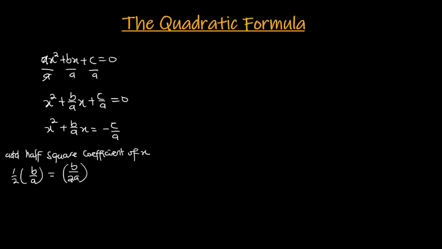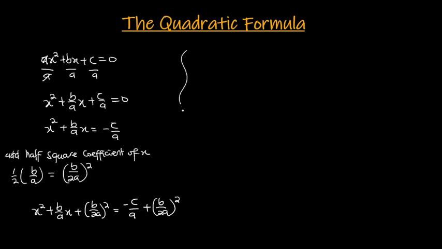So if we square this, it becomes the half square. So this expression becomes x squared plus b on a x plus b on 2a squared is equal to minus c on a plus b on 2a all squared. So this is what we get.